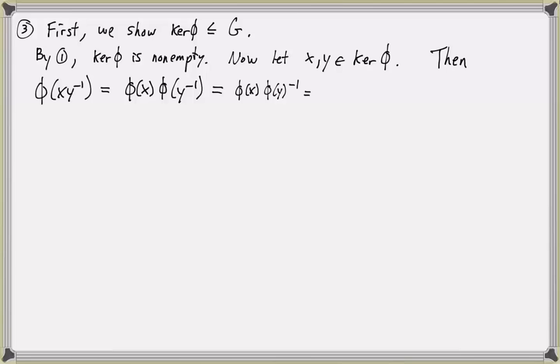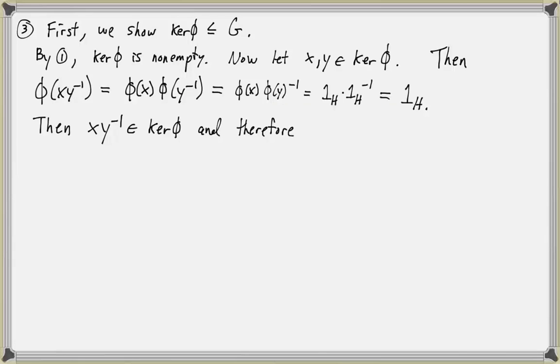But phi of x equals the identity element of H, and phi of y equals the identity element of H. So this equals the identity times the inverse of the identity, which is just the identity. So this whole product just equals the identity of H. So we've just shown that x y inverse is in the kernel of phi, and therefore the kernel of phi is a subgroup of G.